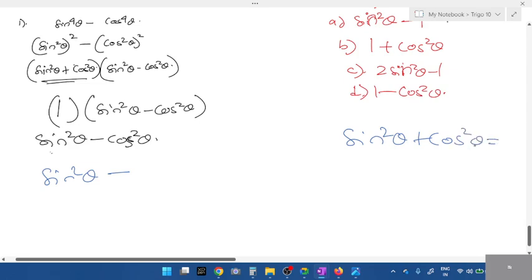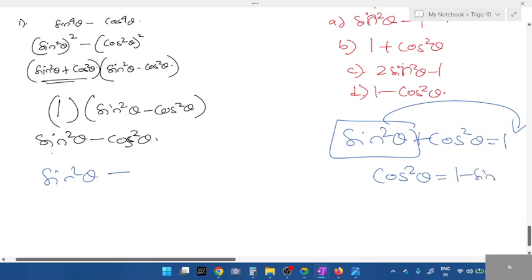Just because sine square and cos square is given, we'll once again write it. If I want to find cos square theta, students, what happens to sine square theta? It goes to the other side. So what is the cos square theta value? 1 minus sine square theta. That is what I have to write in place of cos square theta. Now tell me the value. If I open the bracket, what do I get? Sine square theta minus into 1 is minus 1.